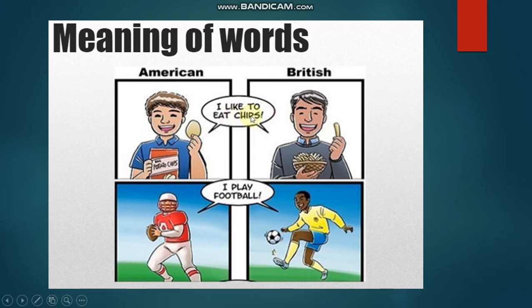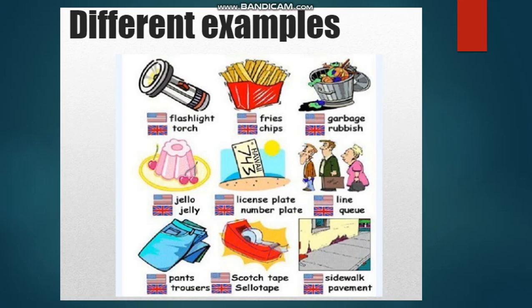I like to eat chips. Here in the American part, they're showing you American football, and here they're showing you football, the soccer. So they differ in the meanings of the words.